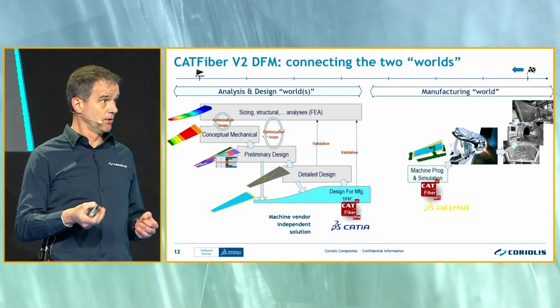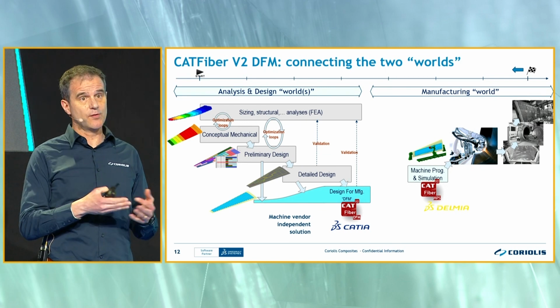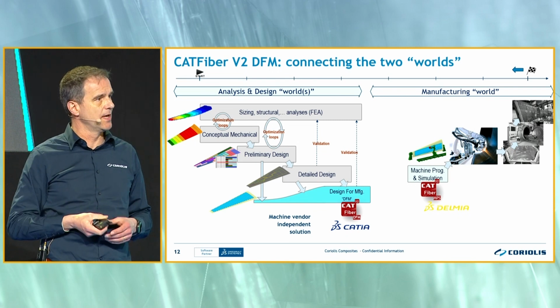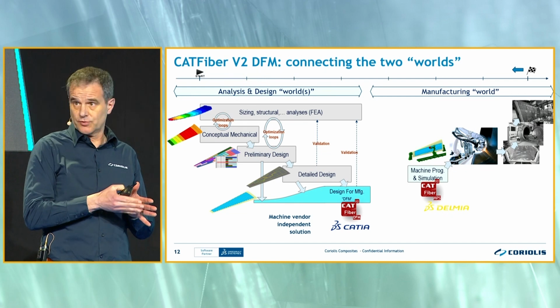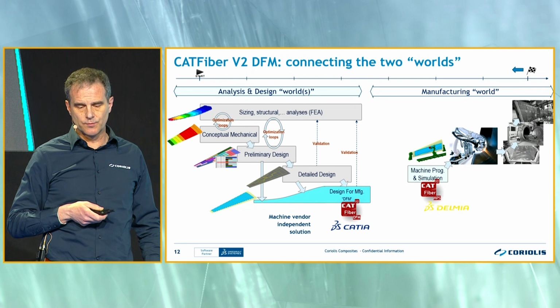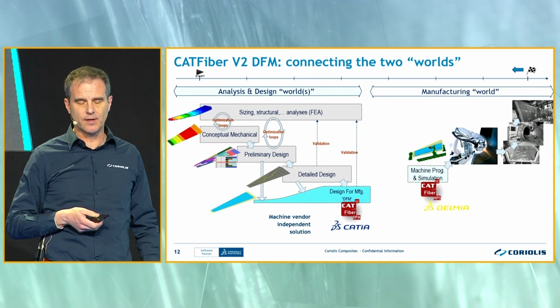So here you can start investigating how these theoretical orientations truly impact the manufacturing, and you might be able to change the theoretical orientations to make the automated manufacturing easier.